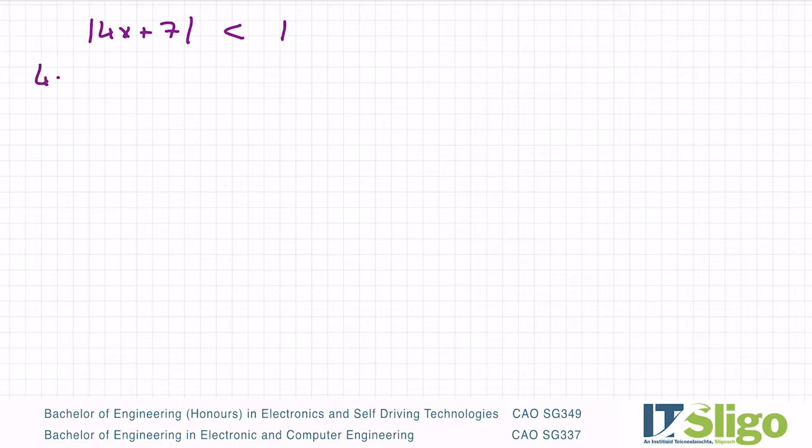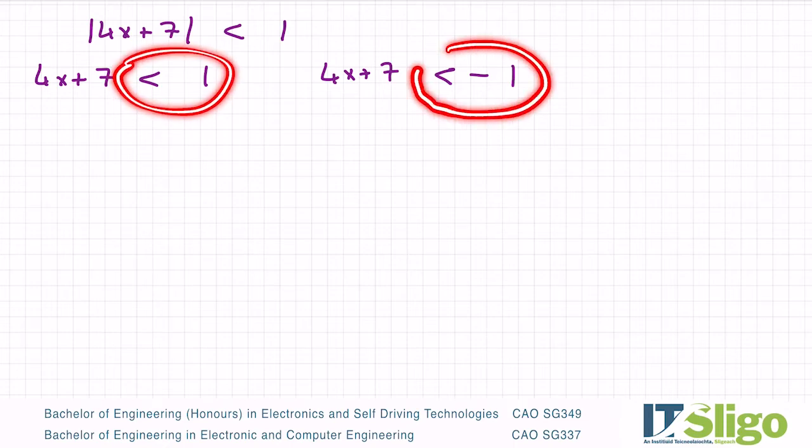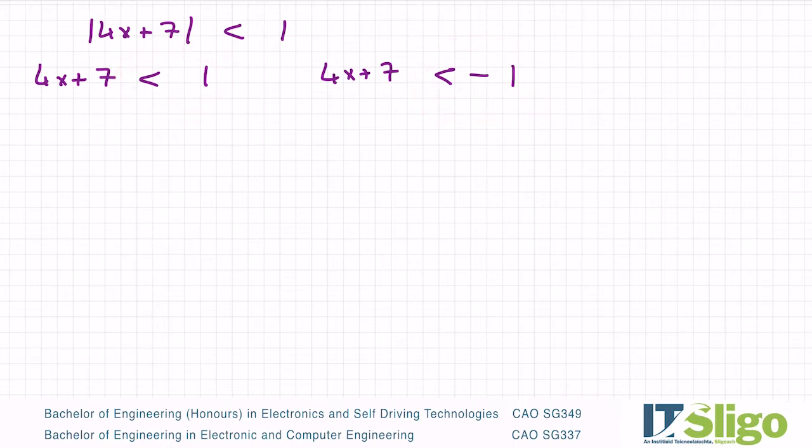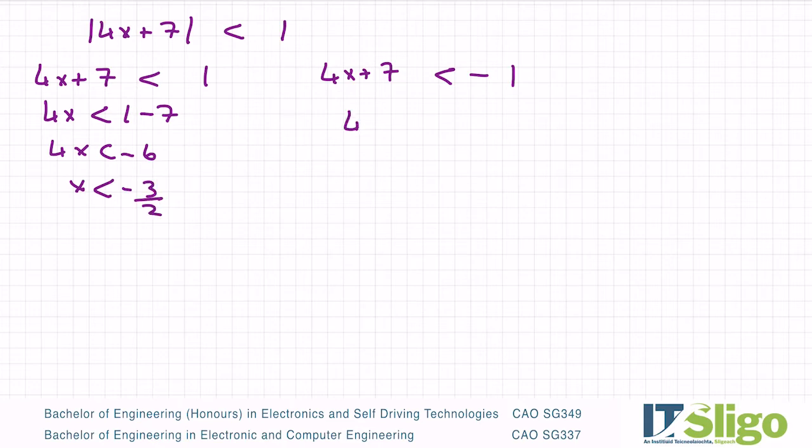You can take the two cases where you consider what happens if it was a positive answer, what happens if it was negative. And you can solve them for x to get your critical values as well. And you'll get your minus 3 over 2 there.